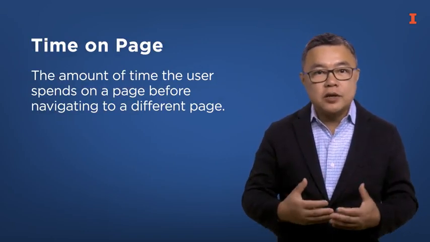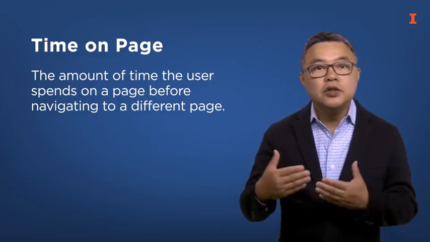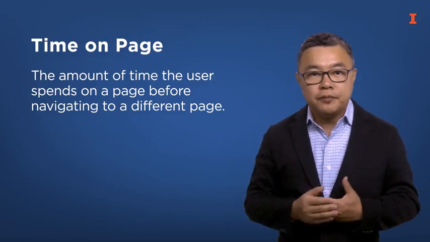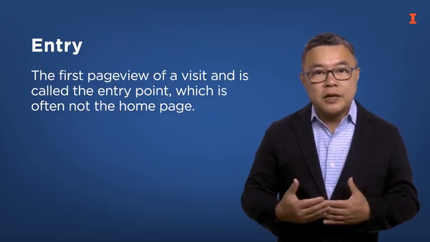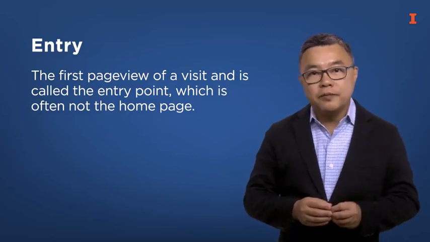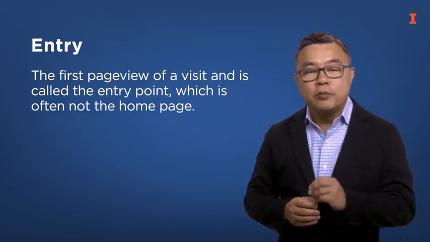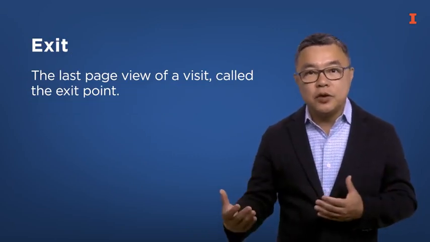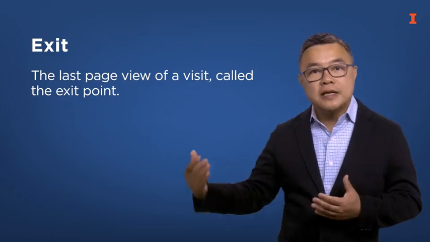Time on page is the amount of time the user spends on a page before navigating to a different page. An entry is the first page view of a visit and is called the entry point, which is often not the home page. And an exit is the last page view of a visit, called the exit point.